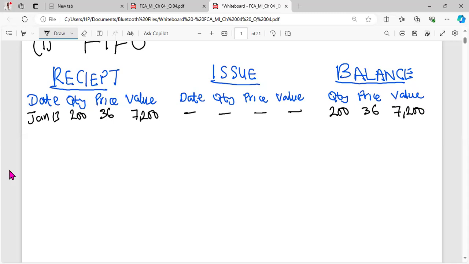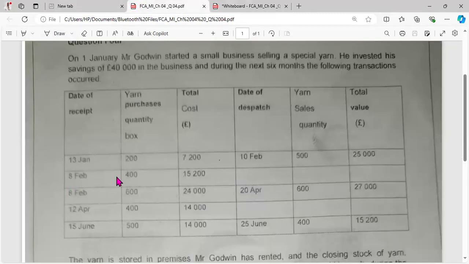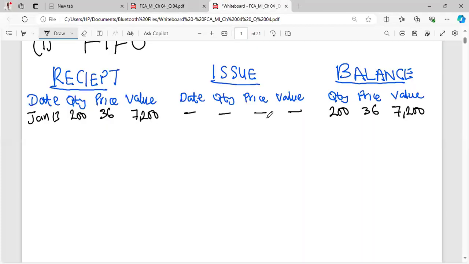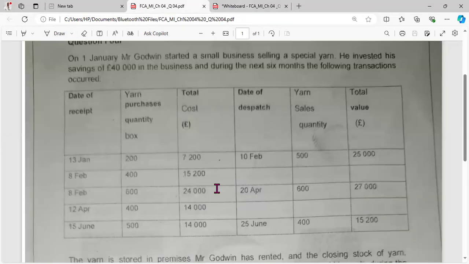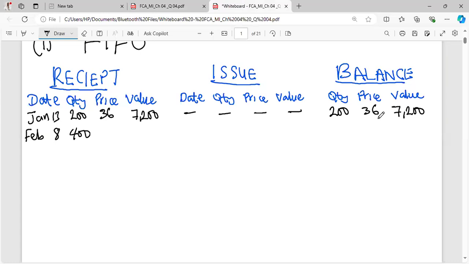All right. So the next thing to do now is to go to the next part of the question. February 8th, 400. So that's another receipt. February 8th, 400. And the value is 15,200.